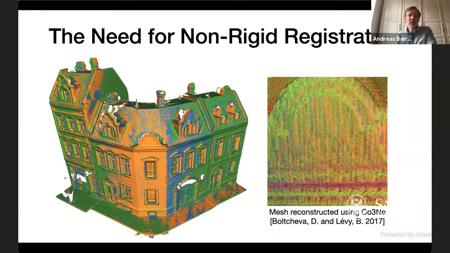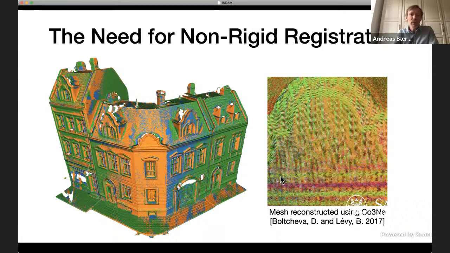You can see in some places we see far more green than blue, and in other places more orange than green or blue. And this is, of course, simply because one scan is a little bit in front of the other scans. And that's what causes this noise. And it's not terribly mysterious.